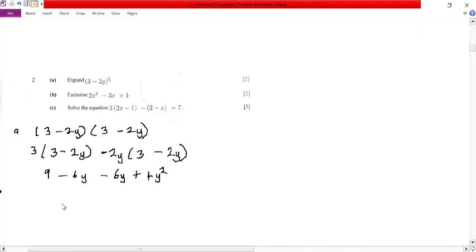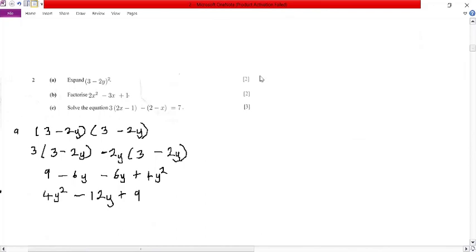So if we arrange in ascending order of powers of y, we group like terms: minus 6y and minus 6y, we get minus 12y. So we are done with the expansion problem.